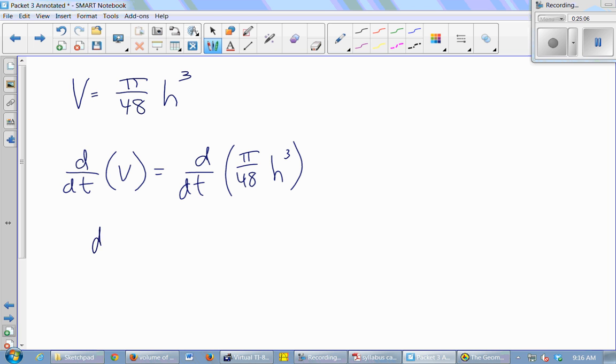Here I get dV/dt, the derivative of V with respect to t. And then d/dt of pi over 48 times h cubed. I'm going to use my power rule on h, and I get pi over 16 times h squared, brought the 3 down in front and reduced that fraction, times dh/dt.